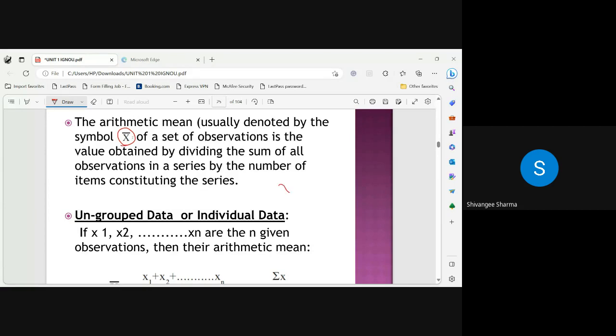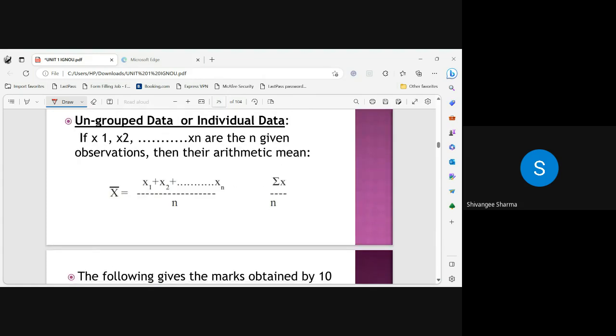Whenever you want to write arithmetic mean, you use this symbol, which is X bar. Okay. And how is this X bar obtained? This is basically the sum of all the data, all the numbers of the data which is given to you, and divide with the number of data, right?